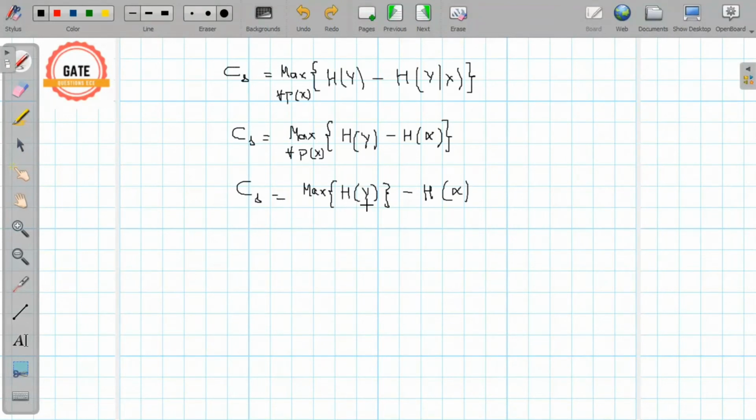And we know that any marginal entropy is maximum only if that random variable is uniformly distributed.